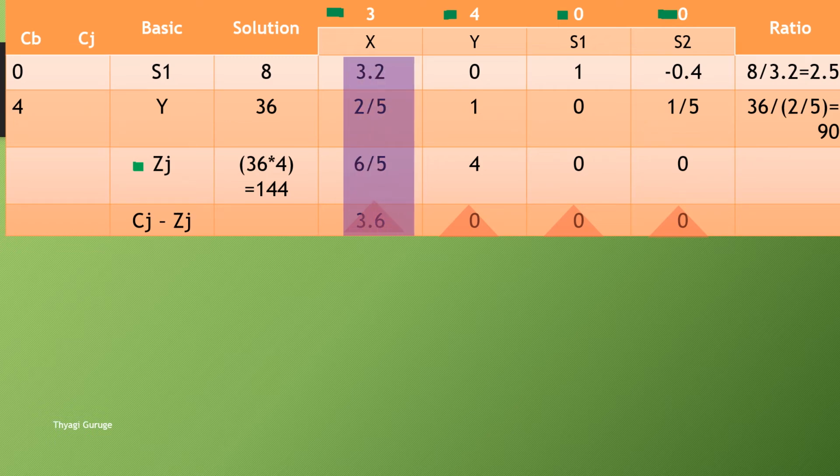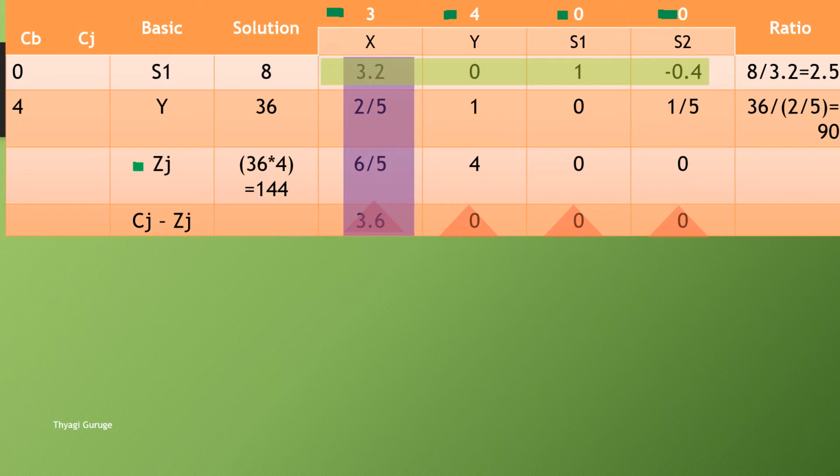Now, the next step is to identify the pivot row. The pivot row is the lowest value of the ratio. This ratio is calculated from the solution divided by the pivot column value of each row. In the first one, it is 8 divided by 3.2, and in the next one, it is 36 divided by 2 by 5.